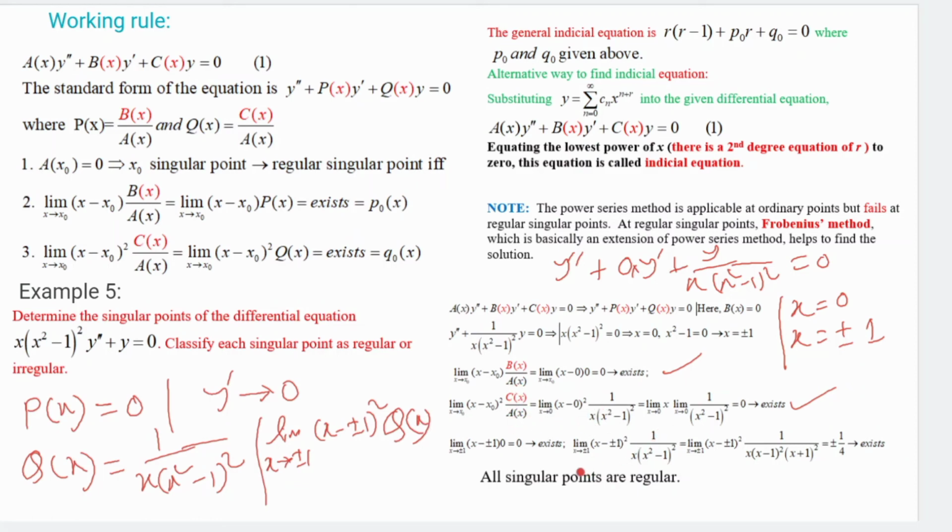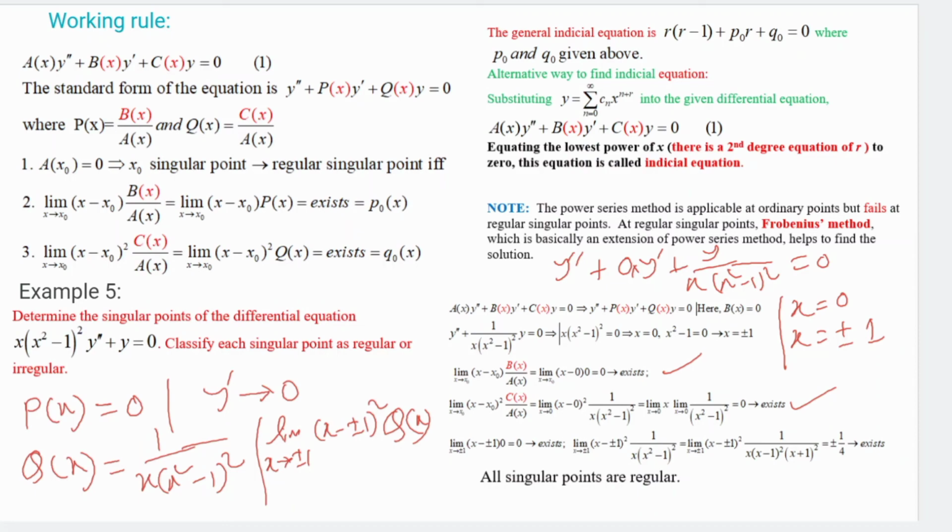When we find the limit here, we can see that the limit is 1 by 4. That means the limit exists. So both limits exist, and x equals plus minus 1 are also regular singular points.